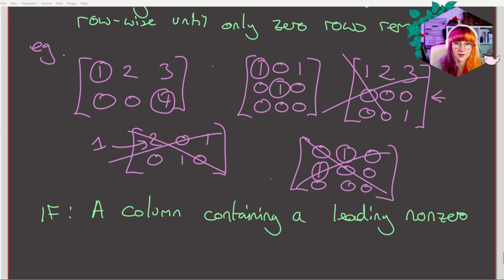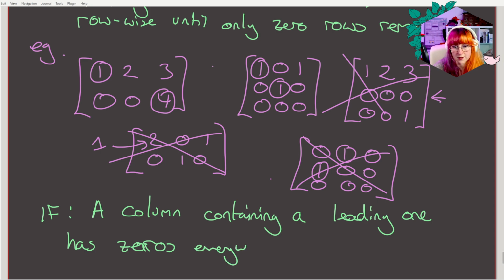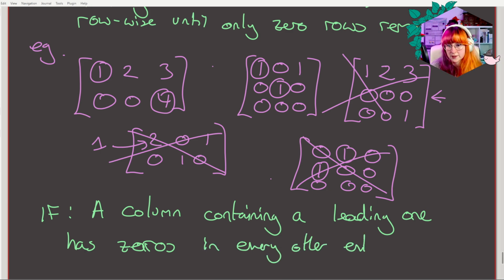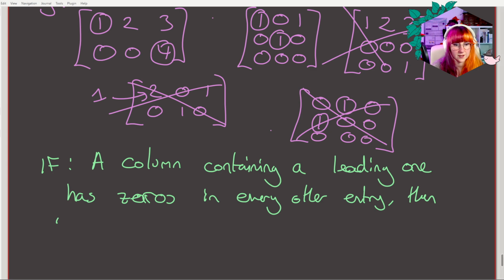So if a column containing a leading 1 has zeros in every other entry, then it is in reduced row echelon form.